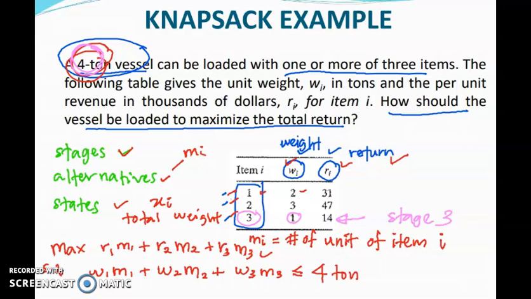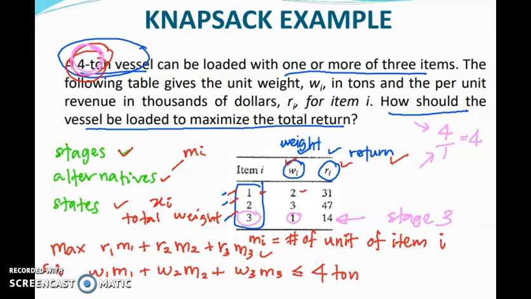So the maximum units of item 3 that we can put in this vessel is 4 divided by 1, where 4 is the total capacity and 1 is the weight for item number 3. So the maximum is 4.